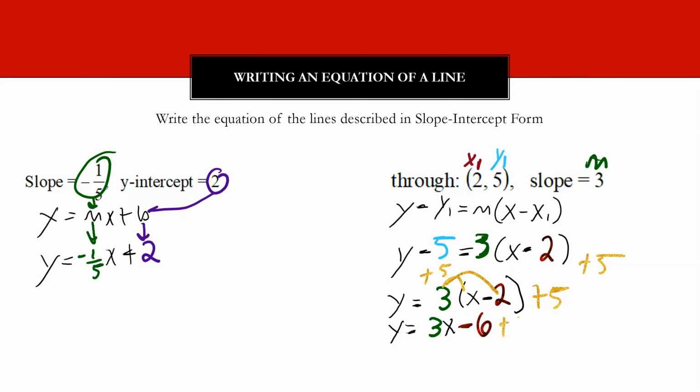We have our plus 5, and then we would combine our like terms. So we would have as our final equation y equals 3x, and then negative 6 plus 5 is negative 1. Okay? And again, I was explaining each step and going slowly, so when you actually do it on your own, it will be faster. Right?